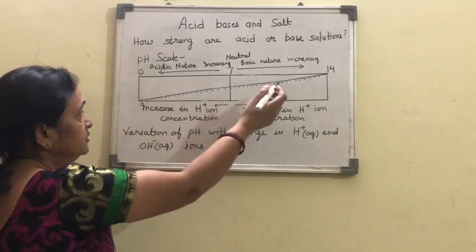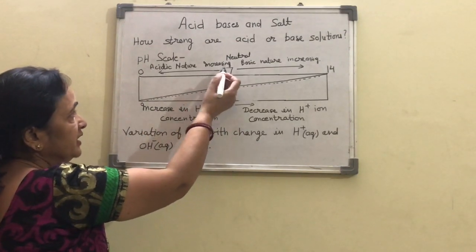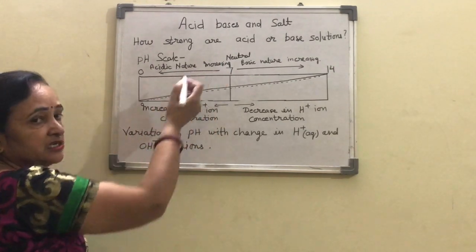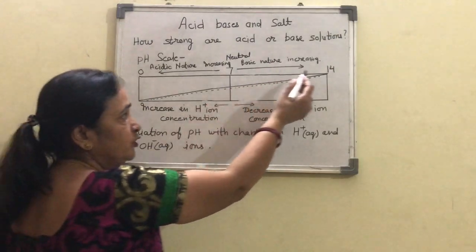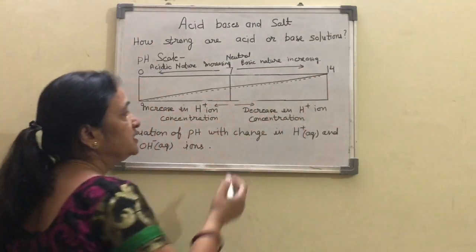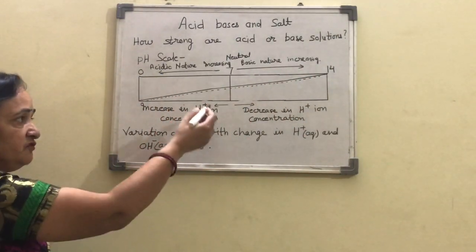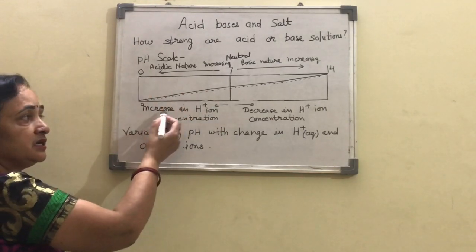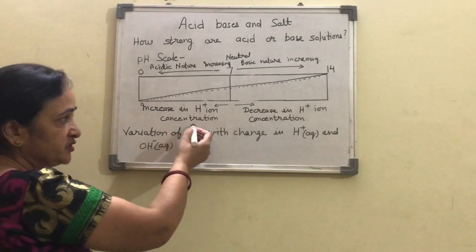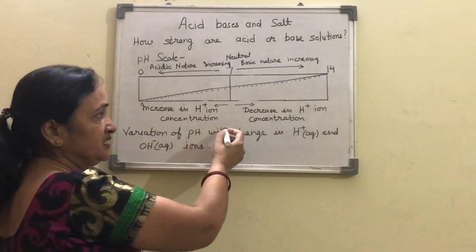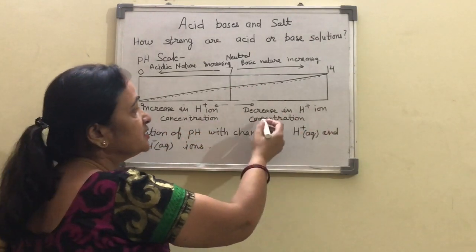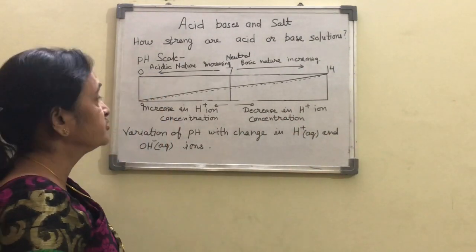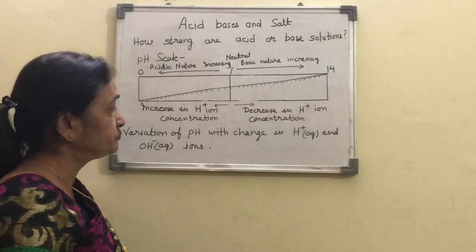So this you can understand. Here I have shown that if we go from 7 to 0, acidic nature is increasing, and from 7 to 14, basic nature is increasing. In the same way, if the acidic nature is increasing, it means an increase in hydrogen ion concentration, and if the basic nature is increasing, it means a decrease in hydrogen ion concentration and an increase in hydroxyl ion concentration.